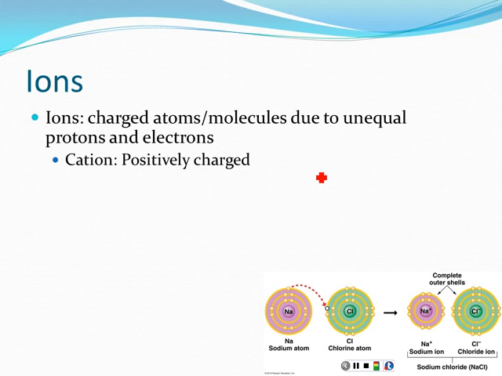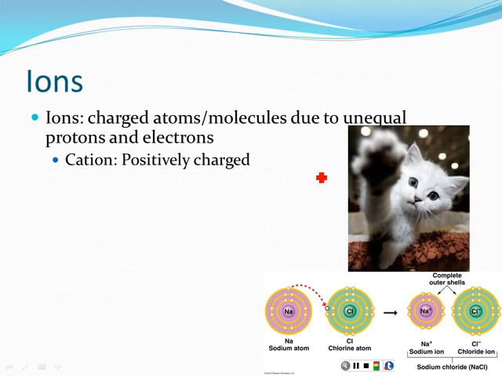So, positively charged ions are called cations. One way of remembering this, my professor told me this, is that if you look at cations, you want to think of it as being positive.